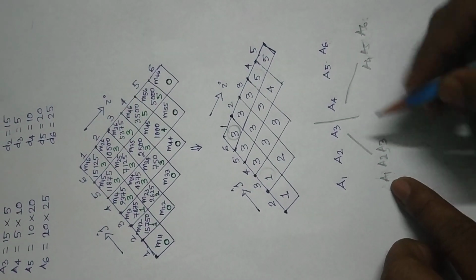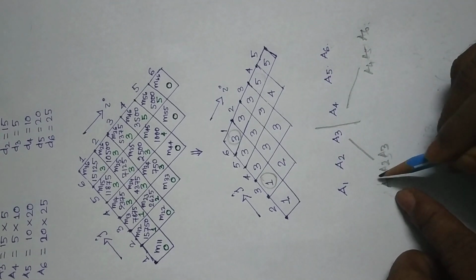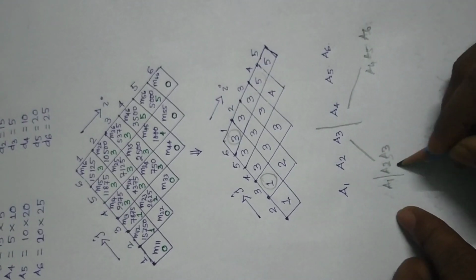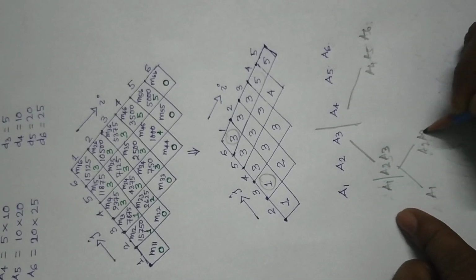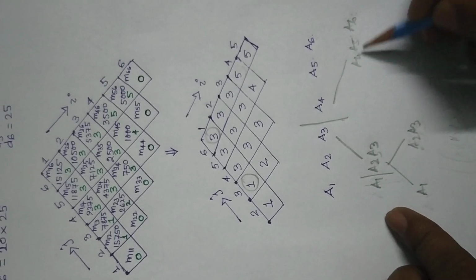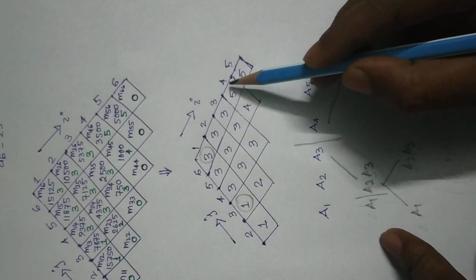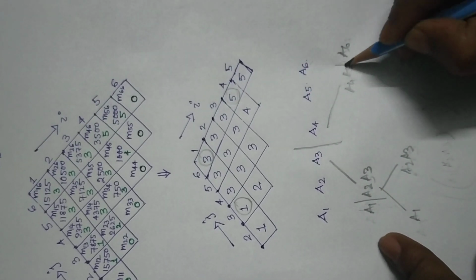Now for 1 to 3, the value is 1, so make a partition after A1. So now it becomes A1 and A2, A3. And for the right hand side, A4 to 6, this is M46, so partition after 5.